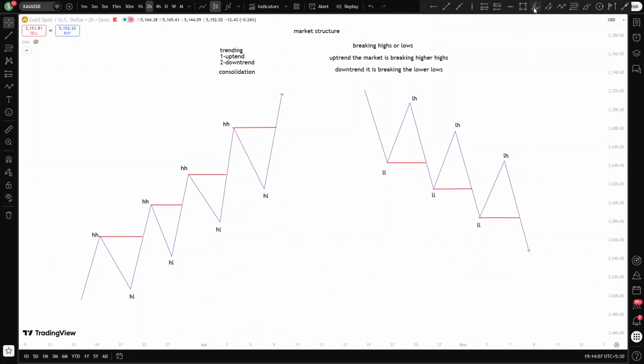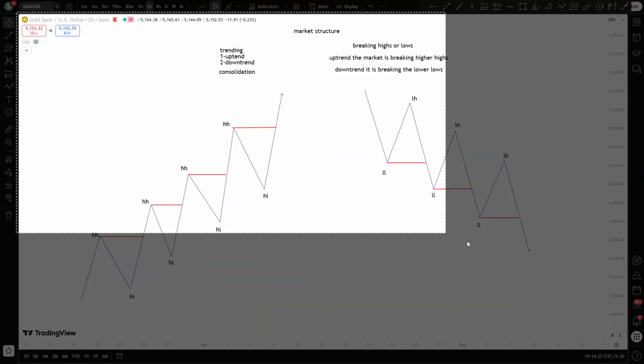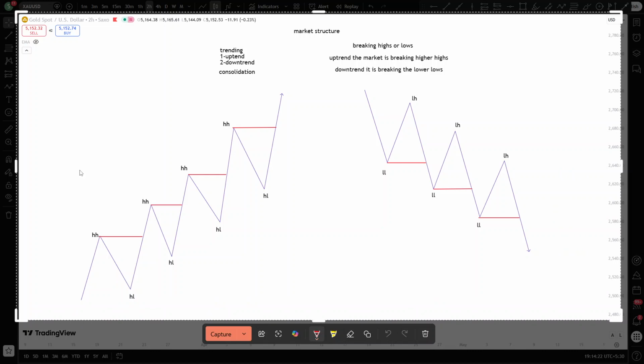When the market is moving in an uptrend, we are expecting the higher low to be strong and the higher high to be weak. Okay, so let me say this again. When you look at the market where it is right now, when the market is in an uptrend, we are expecting the higher low to be strong, and we are expecting the higher high to be weak.